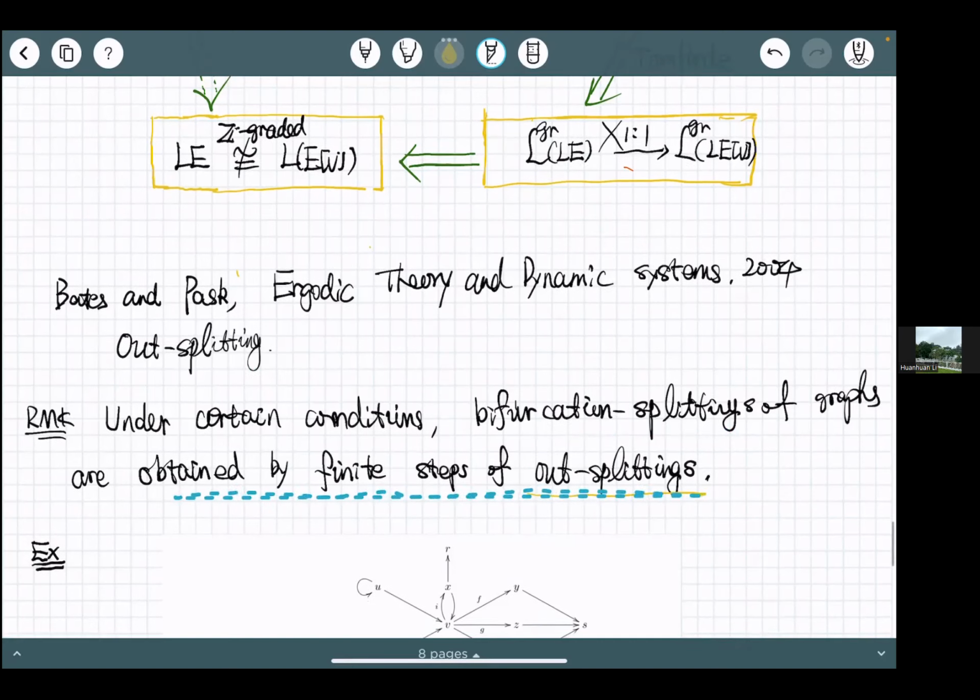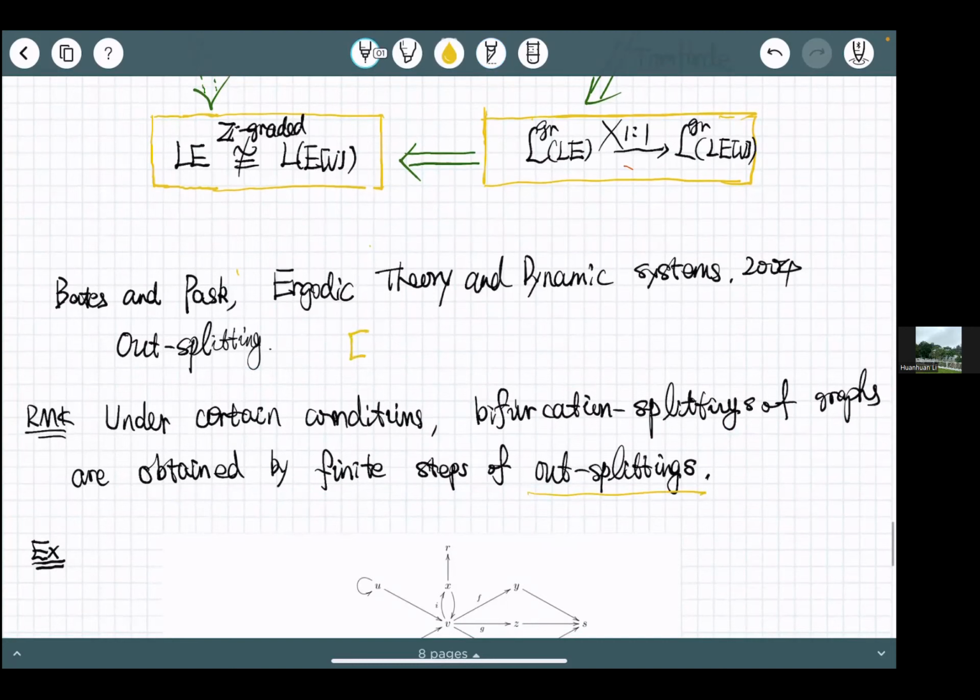So that means we have EV, obtained using the bifurcation splitting. But we can think of this as beginning with E and performing several outer splittings, where each step is an outer splitting.